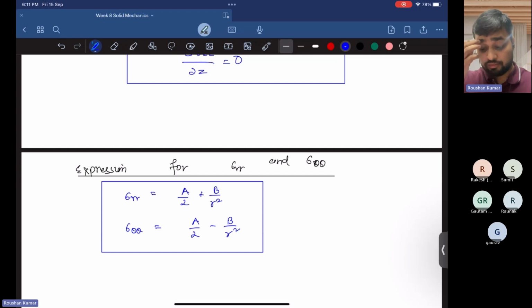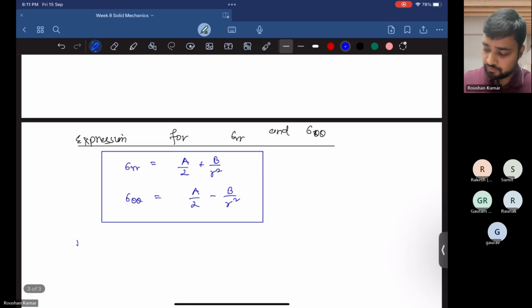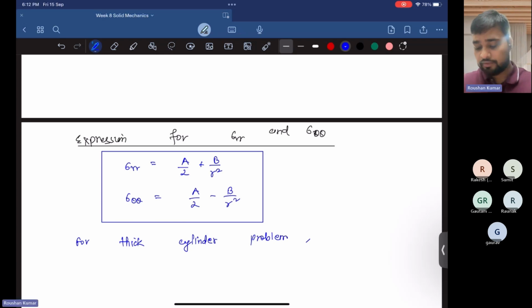So in that case, the values obtained for a and b for the thick cylinder problem, for the case of torsion and inflation, need three boundary conditions, and after applying the boundary conditions we get the following expression for a and b.